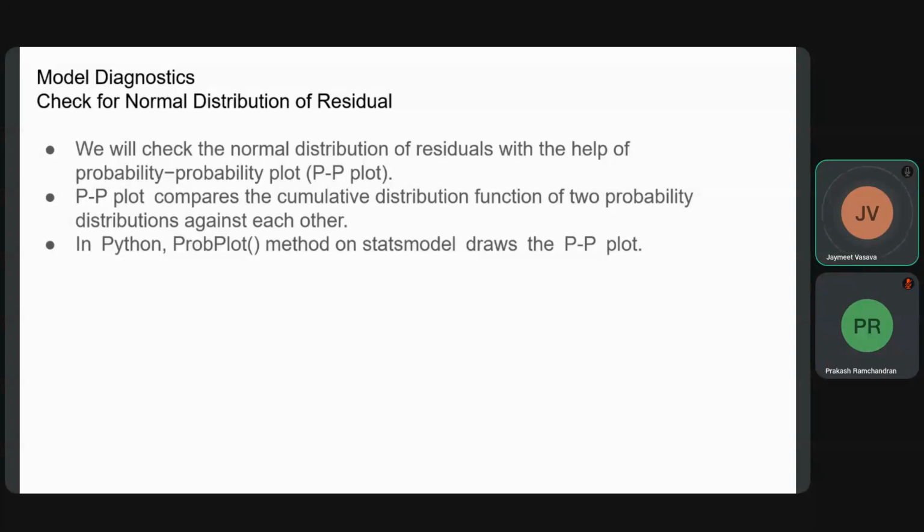So first is the normal distribution of residuals, which we'll check with the help of the probability plot, also called the PP plot, which compares the cumulative distribution function of two probability distributions against each other. In the code, we'll be using the ProbPlot method of statsmodels to draw the probability plot.